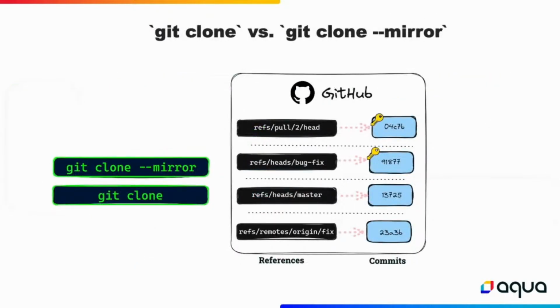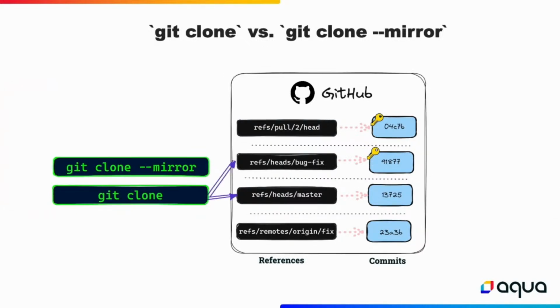Let's go to an example. Let's assume that we have a GitHub repository with the following commits and references that point to this commit history. A regular git clone command will only fetch branches, so it will fetch only references that start with refs/heads/, as we saw in the config file before.